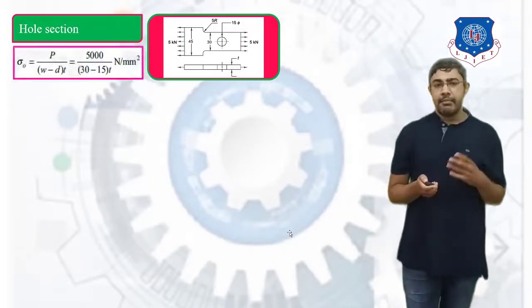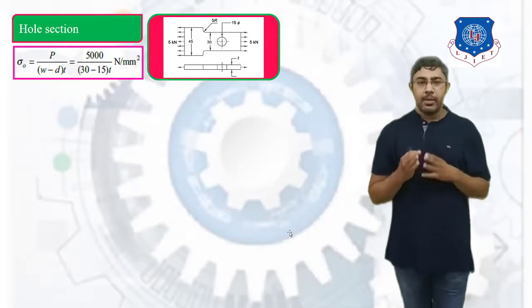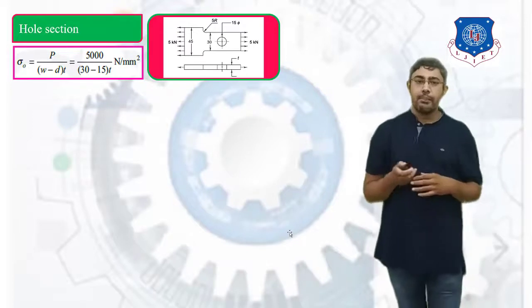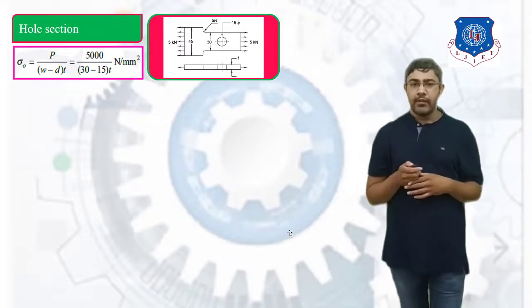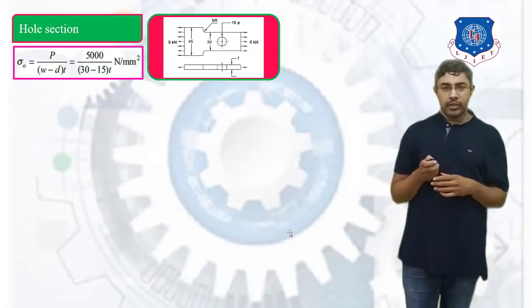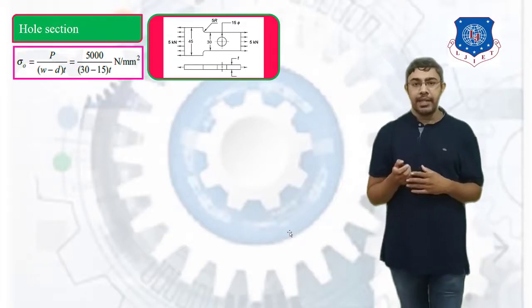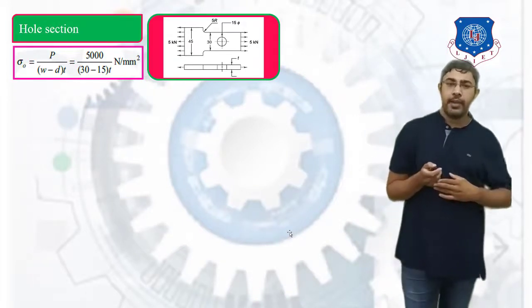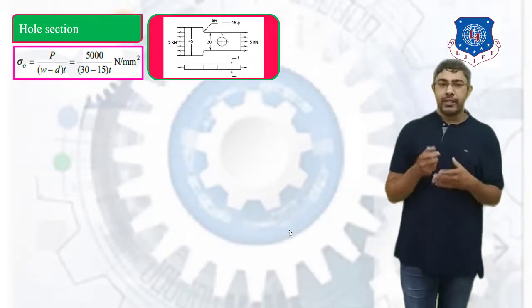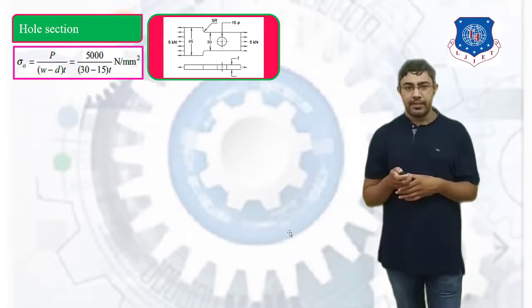To calculate sigma 0 at the wall section, the equation becomes P upon W minus small d into T. P is 5000 Newton, W is 30 mm, small d is the drilled hole diameter of 15 mm, and T is the thickness of the plate. So sigma 0 becomes 5000 divided by 30 minus 15 into T, in Newton per mm square.